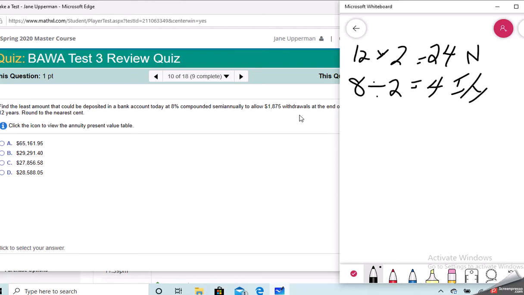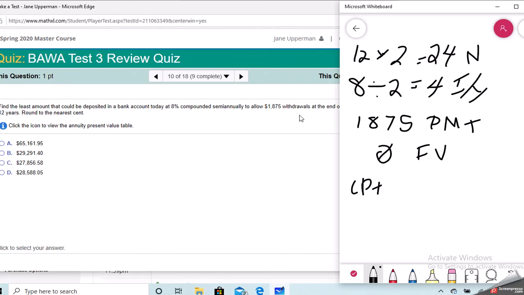We're computing the present value, so we'll skip over that. 1,875 is our payment at the end of each semi-annual period. The future value is 0. When we're making withdrawals, we always end up with nothing at the end because we're pulling that money out.